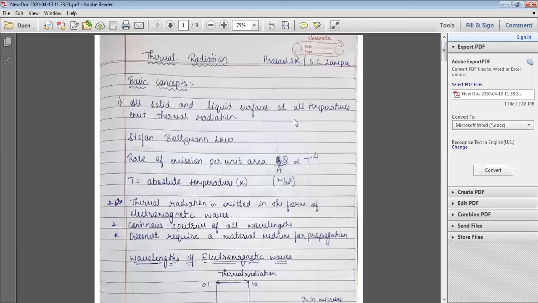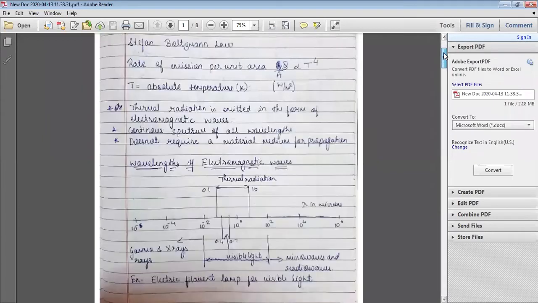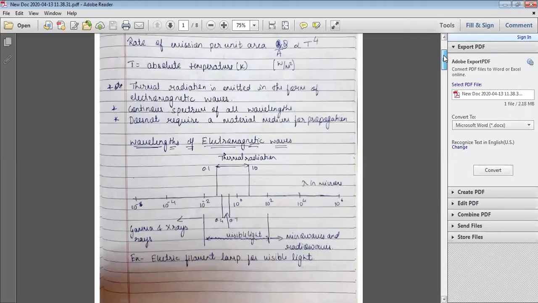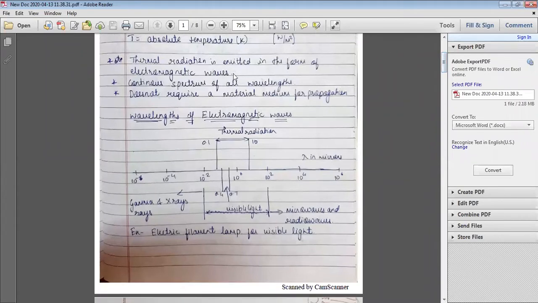So for us, the first basic concept is: for all solid and liquid surfaces, at all temperatures, thermal radiation will be existing. Along with that, the thermal radiation which is emitted will be in the form of electromagnetic waves, and it will be a continuous spectrum for all the wavelengths.